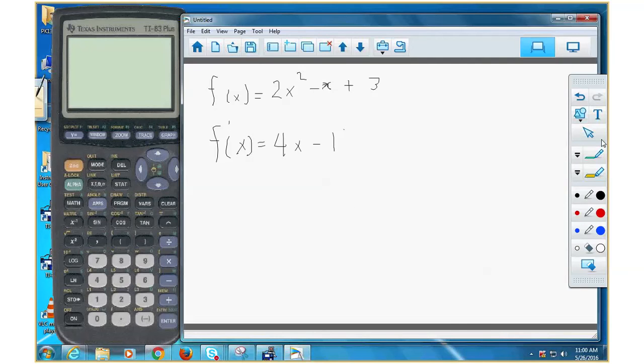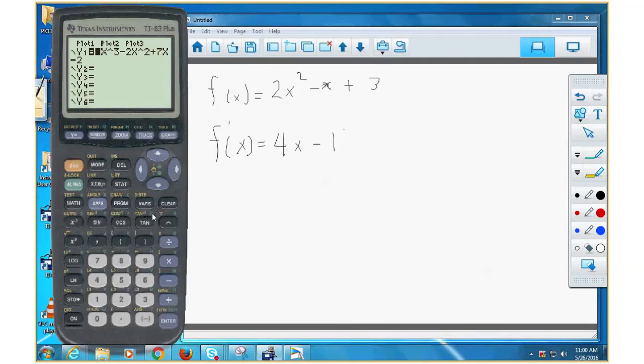So that means we got a parabola. Don't try to hide it. 2x squared. Minus x plus 3.